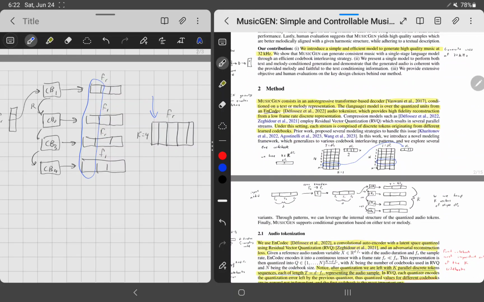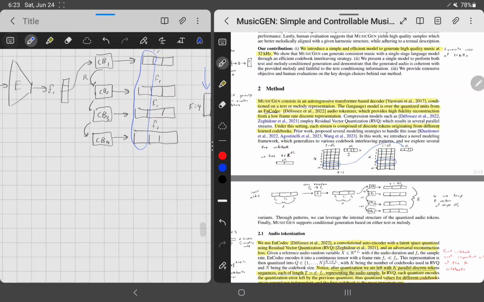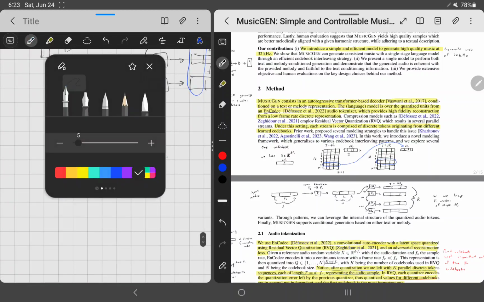So now we have an encoded representation of our audio that's easy to deal with. It's easy to deal with something that is a set size and it's a matrix, not a really long vector. We just throw a transformer at it, and that's exactly what they do.